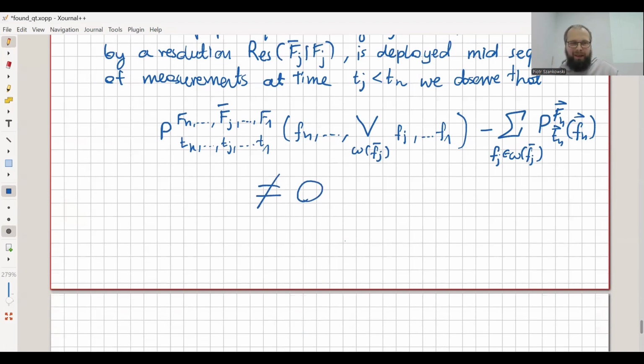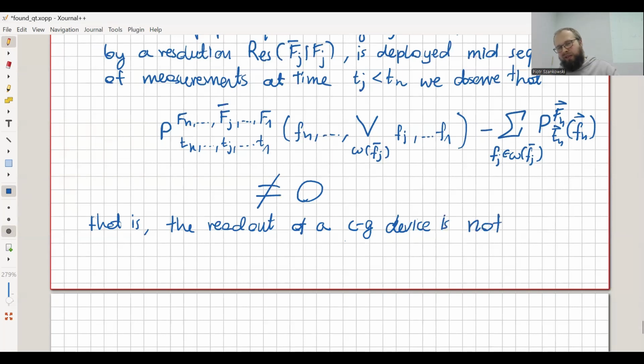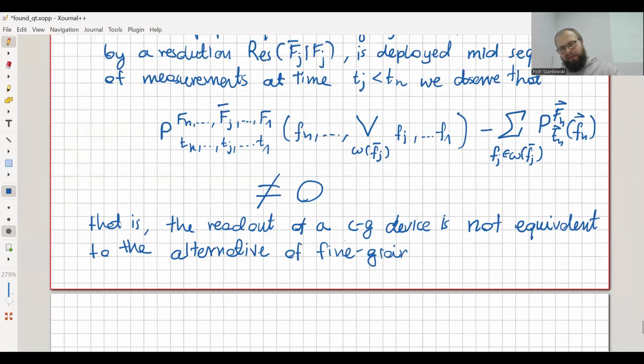Which means that the readout of a coarse-grained device is not equivalent to the alternative of fine-grained readouts.